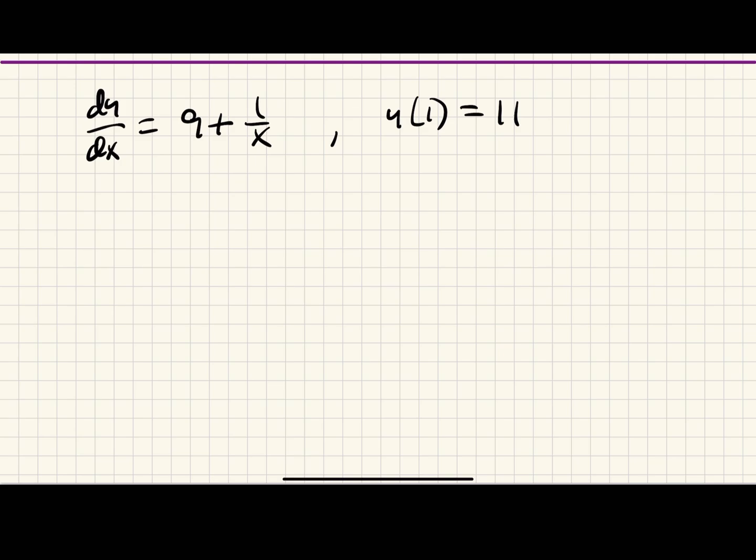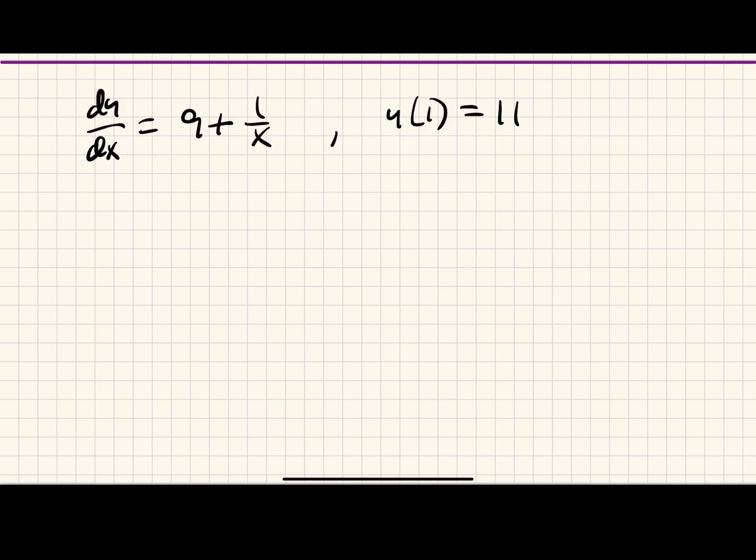So here I've got the derivative, 9 plus 1 over x. And then I know that the value of the function y, so like before I took a derivative, when x is 1 is 11.